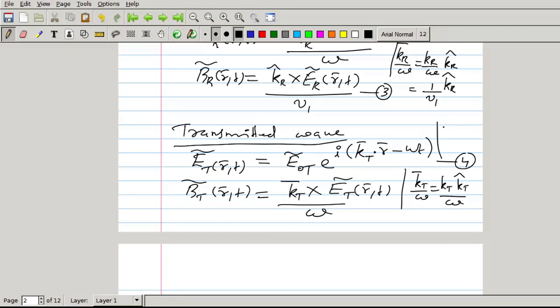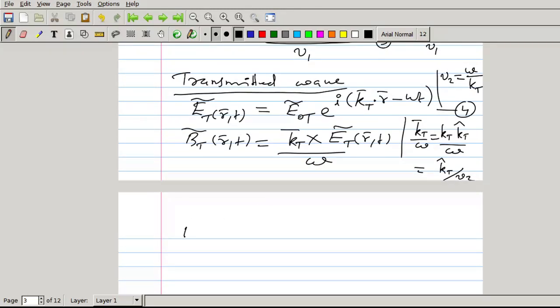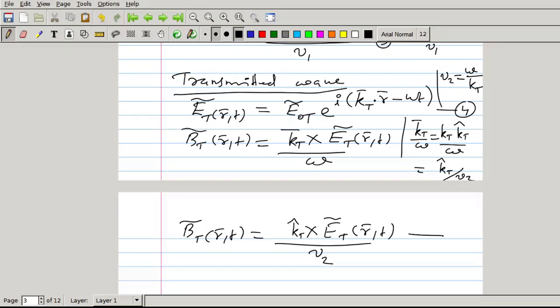In the second medium, we can write v2 equal to omega by k2, where k2 is the magnitude of the transmitted wave vector k_t. So k_t by omega is k_t cap by v2. So the equation for the magnetic field vector is B transmitted (r,t) equal to k transmitted unit vector cross E transmitted (r,t) by v2. So this is equation number 5.